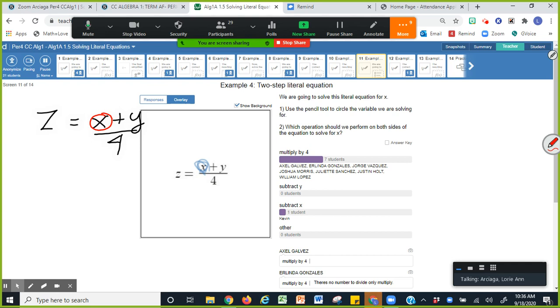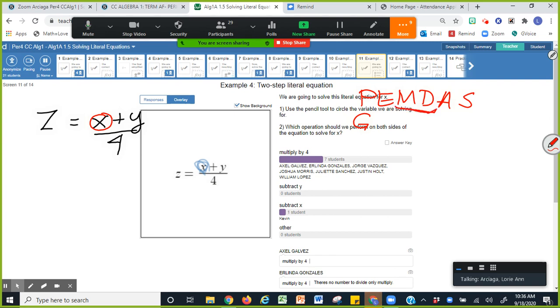Okay, so now we're probably thinking, oh, I subtract y first. And then somebody would say, no, you got to multiply by 4 first. So in case you find yourself wondering what comes first, you go back to your famous PEMDAS rule from middle school, or I think some teachers are using G instead of P for grouping symbol instead of parentheses. Okay, so then you look at the order.